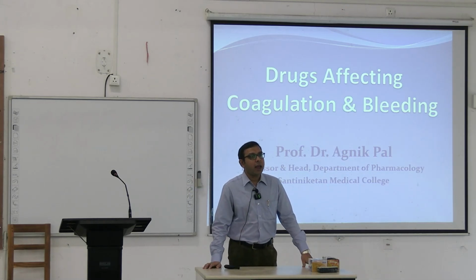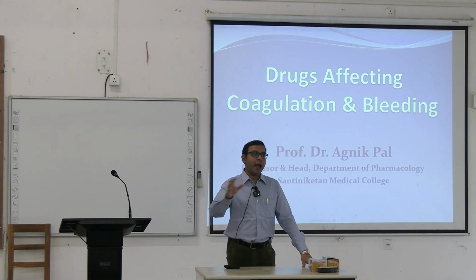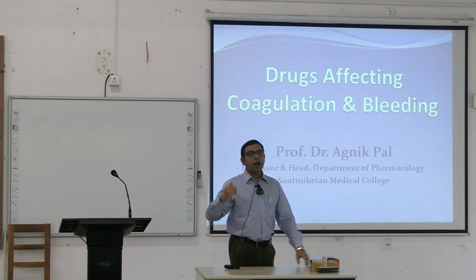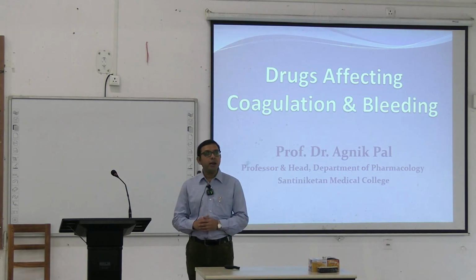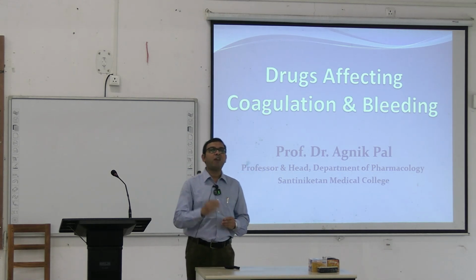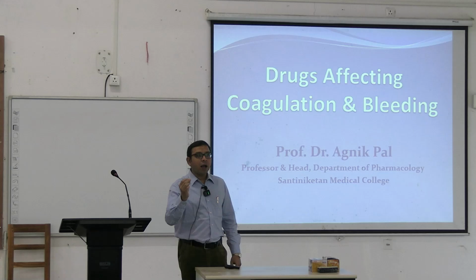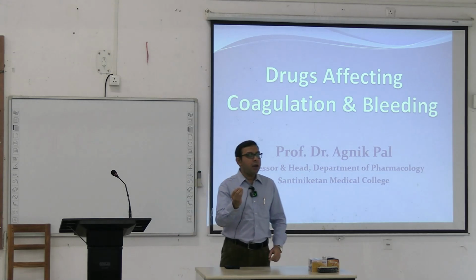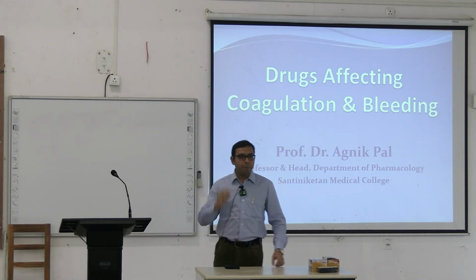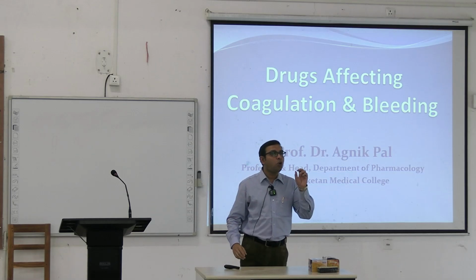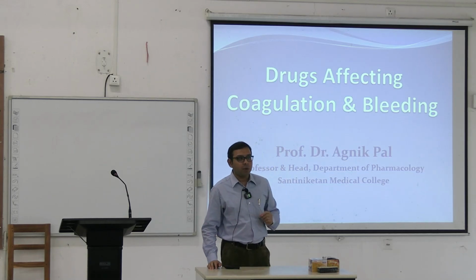There are some proteins that activate them, and ultimately one activated factor activates the zymogen of the next factor. So there will be a cascading reaction, and ultimately due to this cascading reaction there will be formation of fibrin. The fibrin plug is formed and associated with the platelet plug, and thus the coagulum or clot is formed.